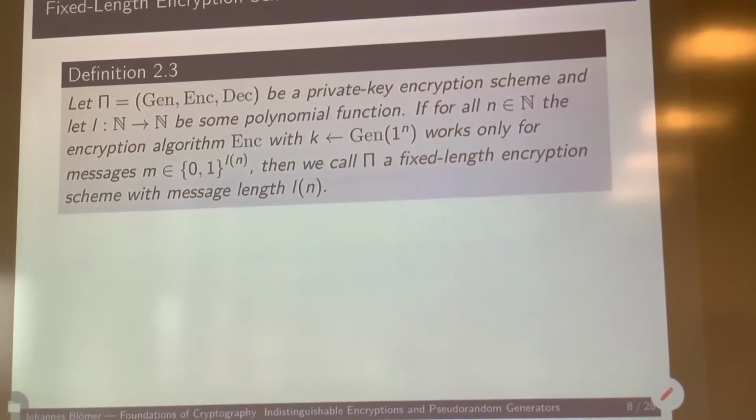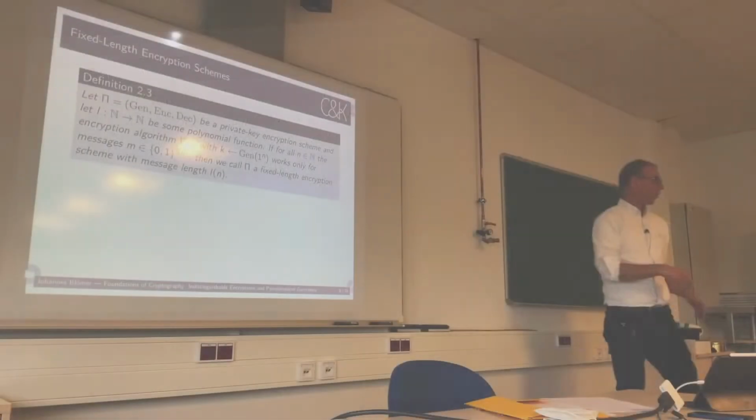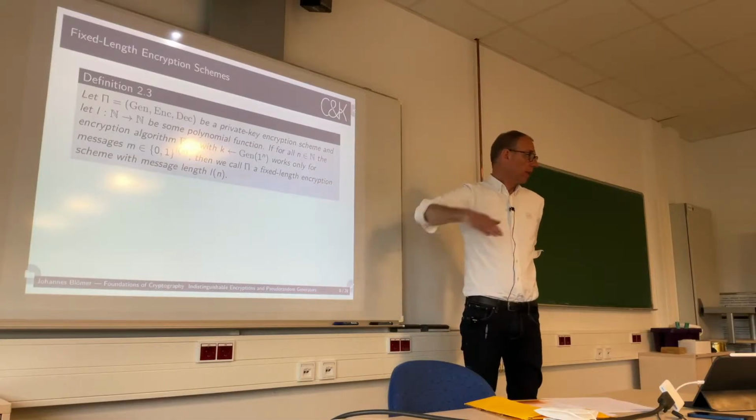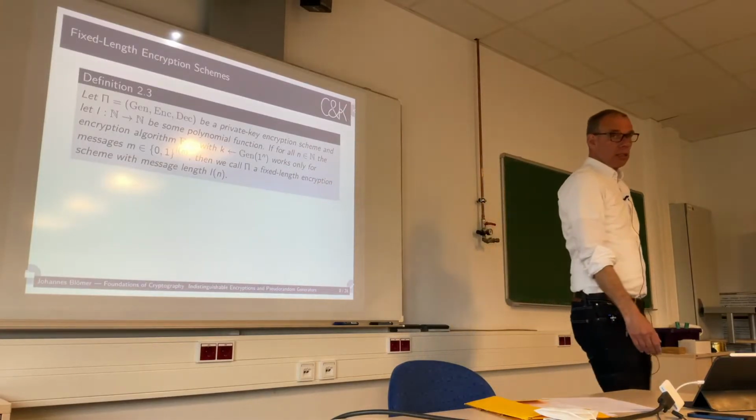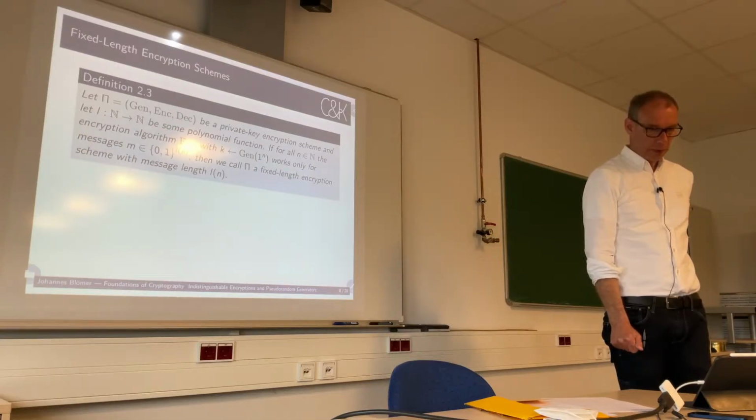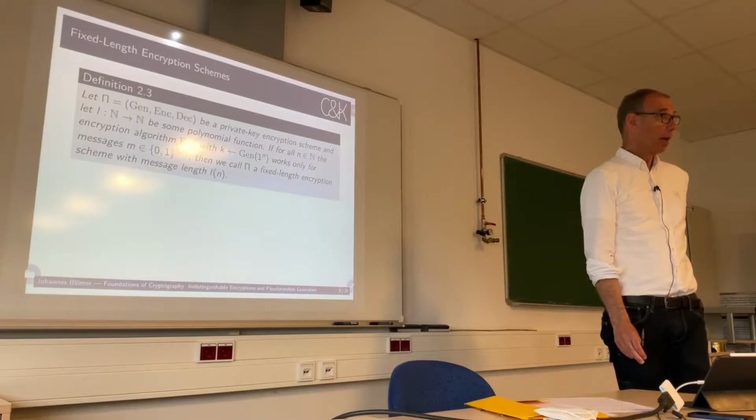But it doesn't really matter all that much. So in general, when we construct things, it will be in general first fixed length and then lifted, because our ultimate goal clearly is to have it for 0, 1 star.